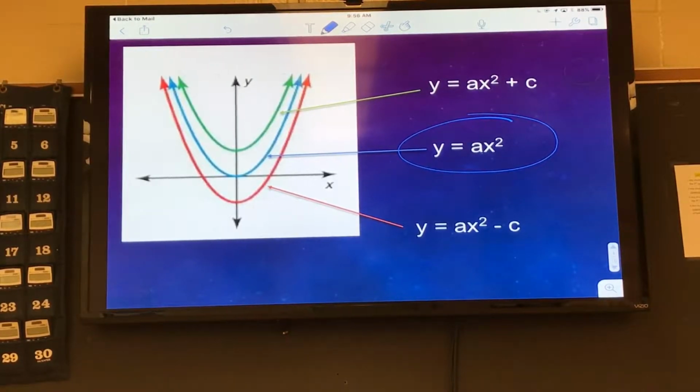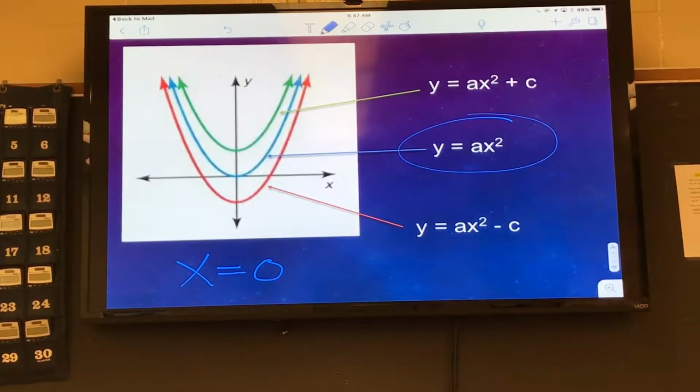And the red one is a vertical translation down. That's why I put minus c. But all of them, what is the axis of symmetry? Just say it out loud. Hopefully you said x equals 0, because in all of those cases, the line of symmetry is that y-axis, which is x is 0 on anything on the y-axis.